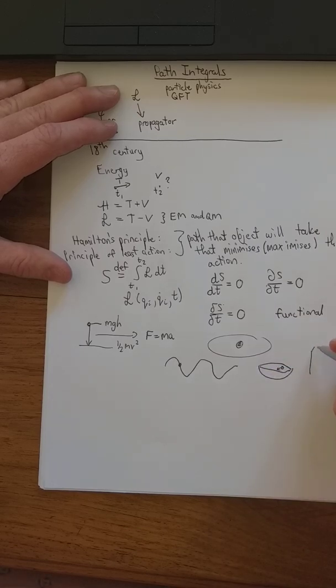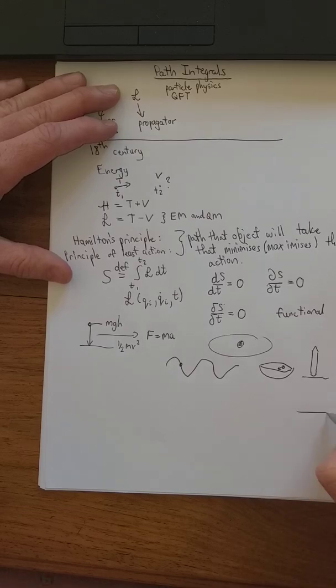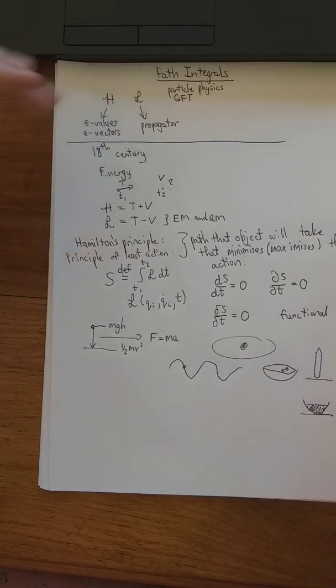You can show why a pencil is hard to balance, as opposed to, I don't know, a ball full of something very heavy. I mean, we all know naturally that that's hard to balance and that's not, but you can get out the equations of motion to show that.